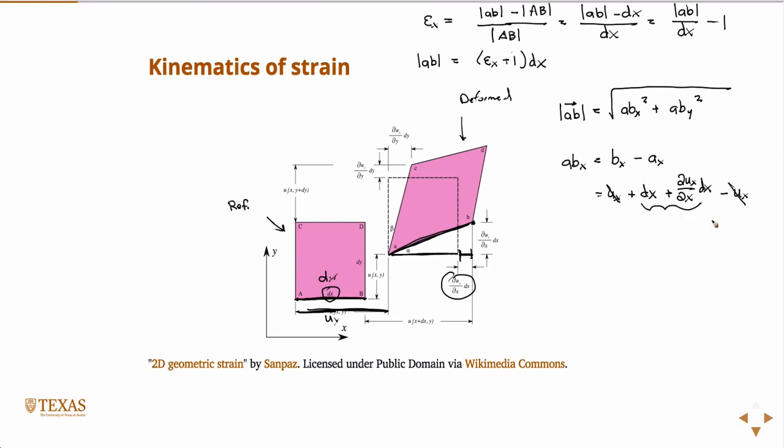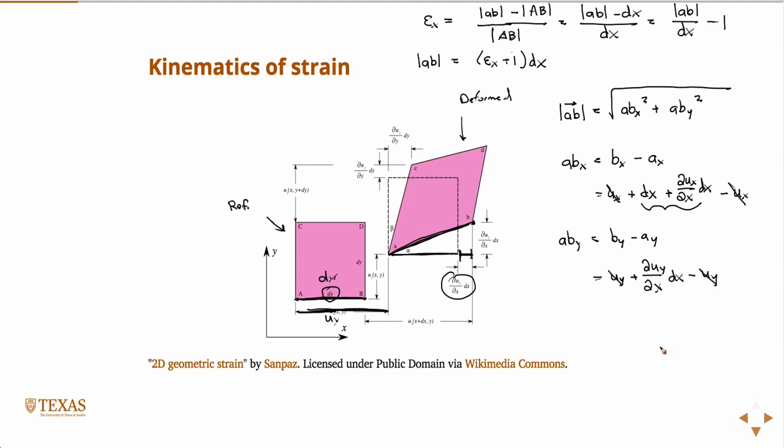Okay. So likewise, we'll do the same thing for ABY. AB is just this distance, but I want to know this y component. So that's just by minus ay, which is equal to uy plus partial uy partial x dx minus uy.